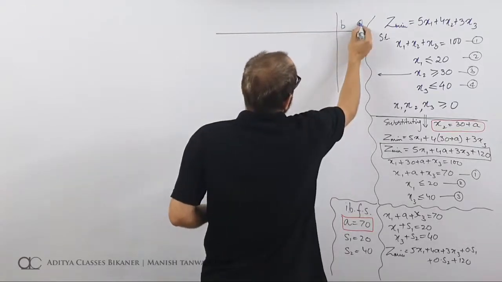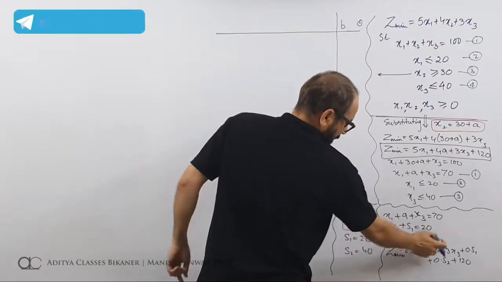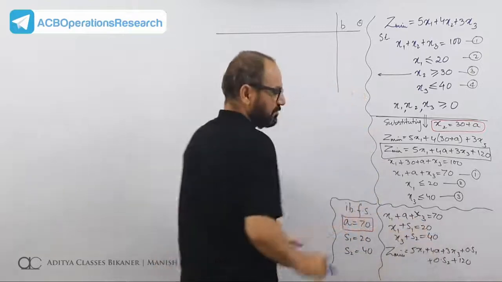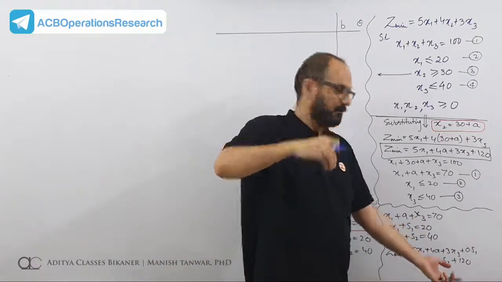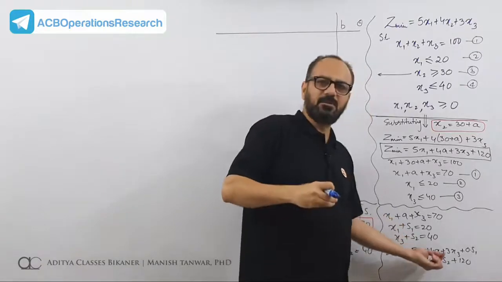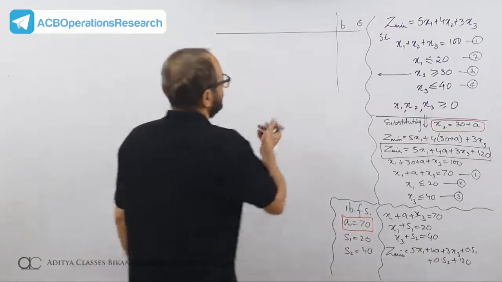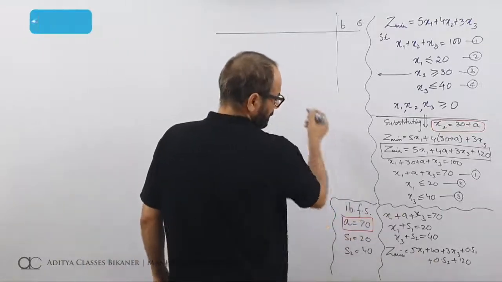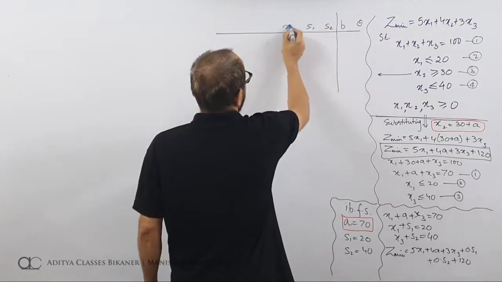Now let me have my table, we will be having b and theta. What about the objective function? We have x1, a, x3, s1, s2. The constant we will not be touching because the constant will remain there. All you need to do is optimize upon your variables because the constant component will always remain constant. You cannot change it. So I will be having 5 variables: x1, a, x3, s1 and s2.